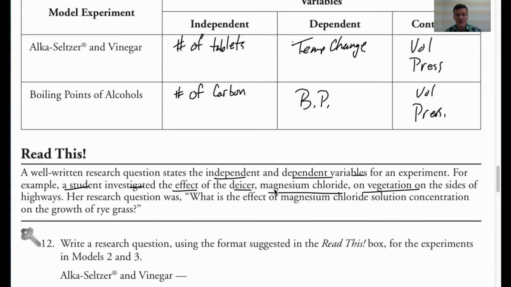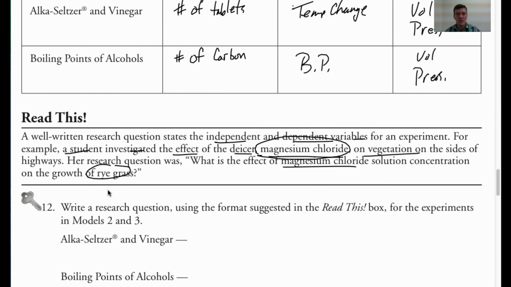Okay, this is where you would then begin to think about your independent, your dependent, and your controlled variables so that you can create an experiment that is going to have conclusive results.